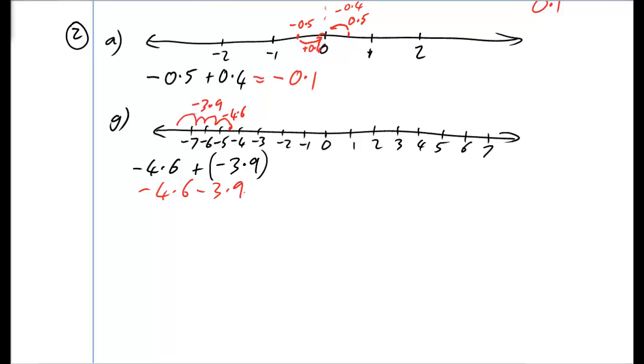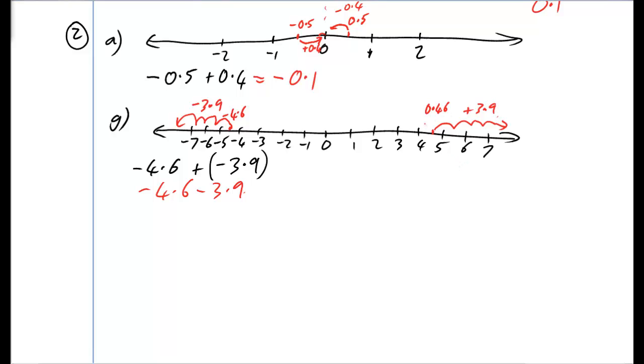Now if you think about the mirror image, we've got positive 4.6 plus 3.9. Because we're going away this way. That's the mirror image of what's happening on this side. Plus 3.9.